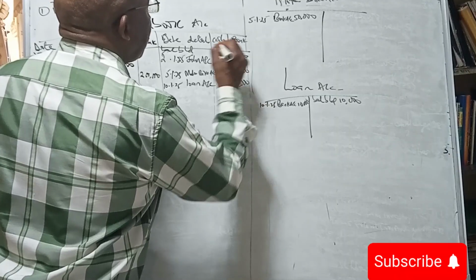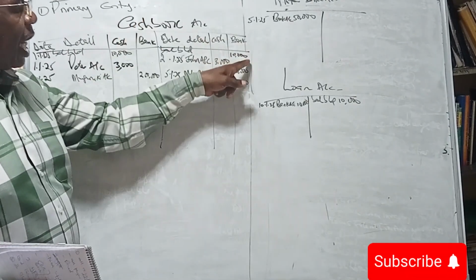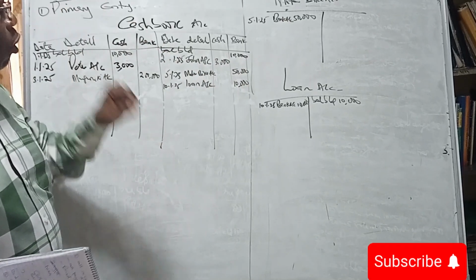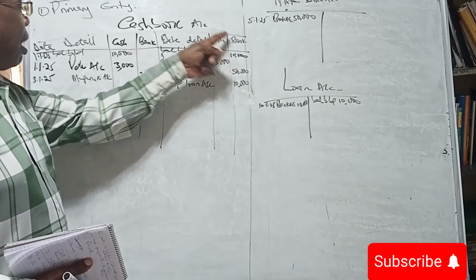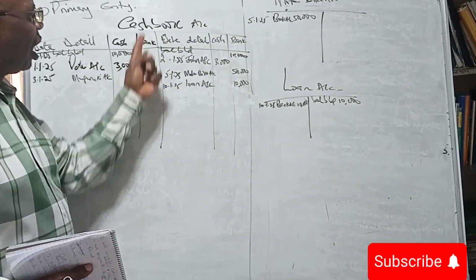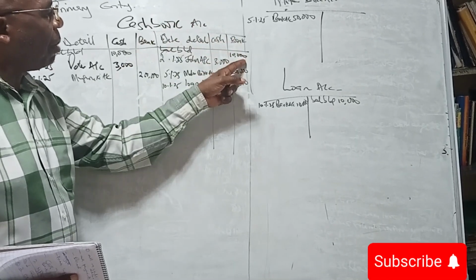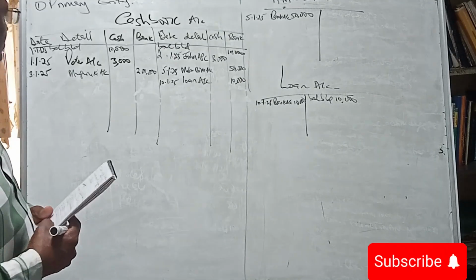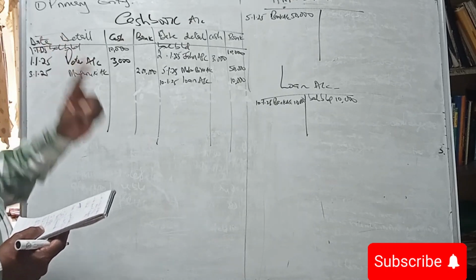Remember, an asset has a debit balance, a liability has a credit balance. So if you are told that a cash book has an opening credit balance of 10,000, you don't bring the balance to the debit side, you bring the balance to the credit side. That is very, very important.